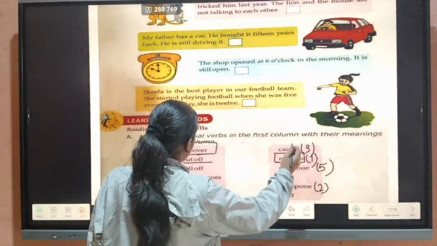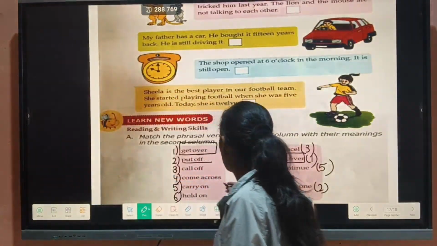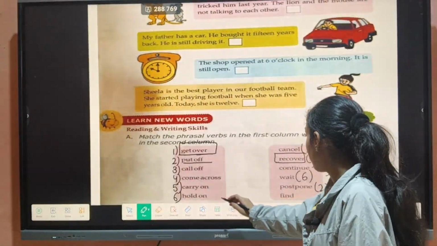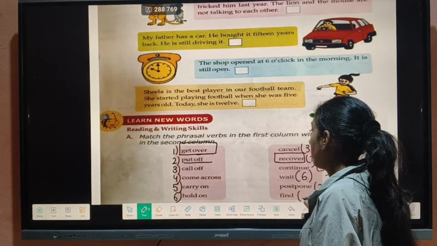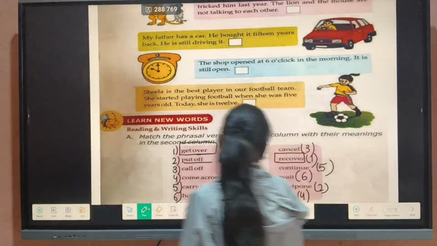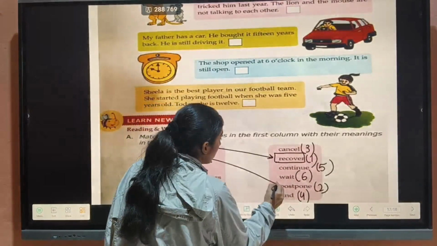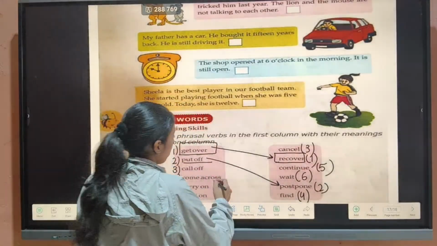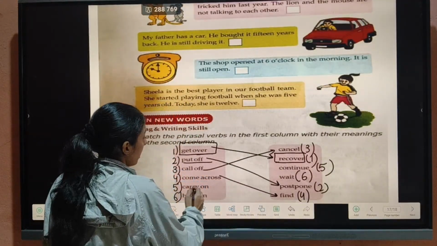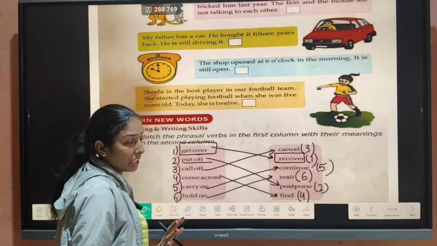Call off means to cancel something. Carry on means to continue something. Hold on means to wait. And beta, last one, come across means to find. Recover, put off is postpone, call off is cancel, come across is find, carry on is continue, hold on is wait.